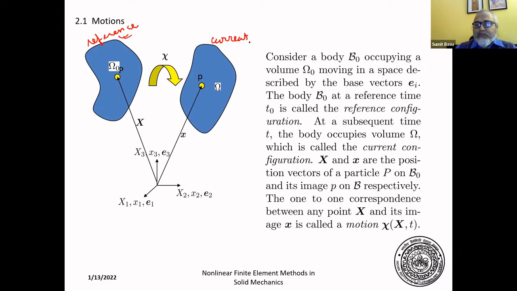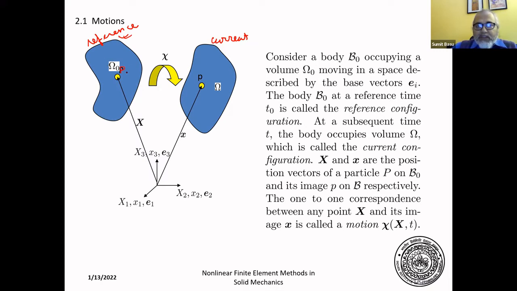Now, there are various ways of describing this problem, but the way I will adopt is that both these configurations are described in the same coordinate system, denoted by base vectors E1, E2, E3, and a point P, capital P, in the reference configuration is mapped into the current configuration due to the deformation or the motion to a point small p.